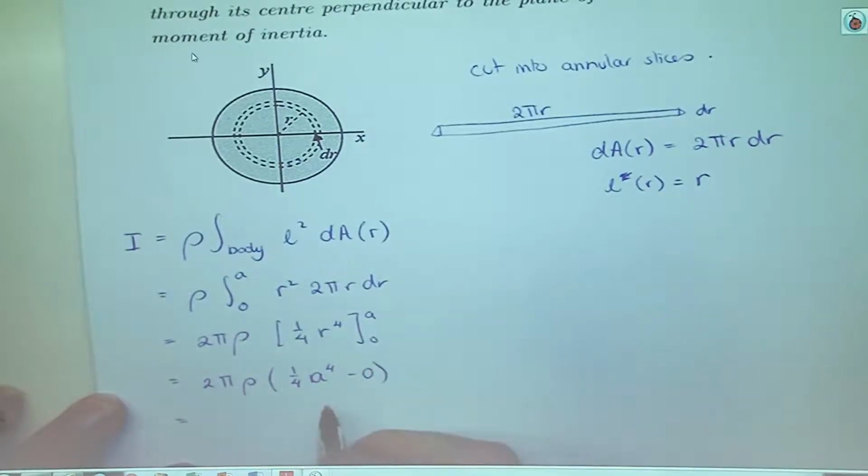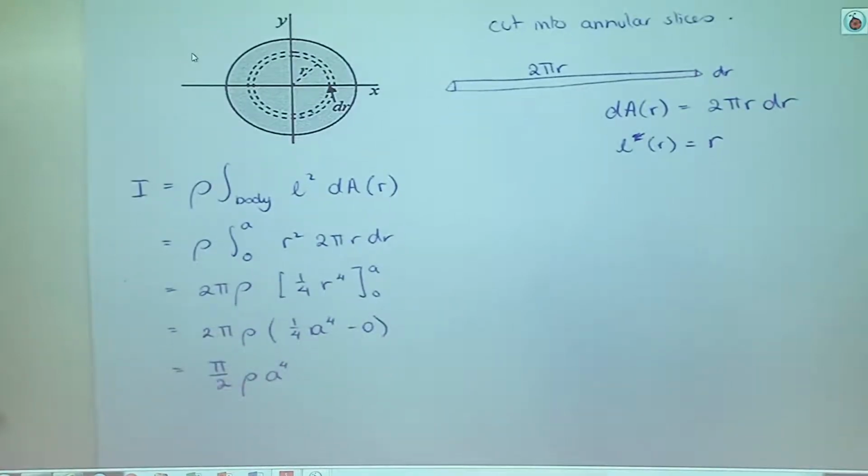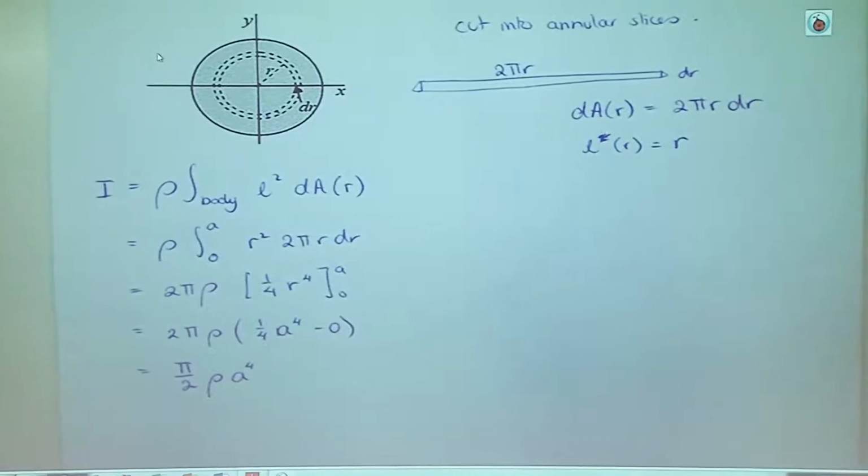What does it equal? Pi over 2 rho a to the 4. That's it. Okay, does anybody want to ask any questions on that one?